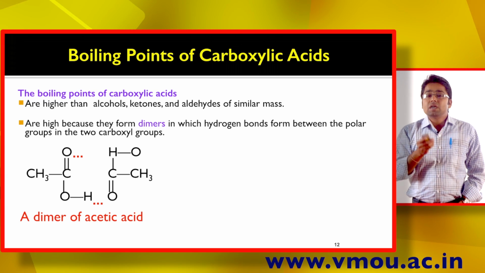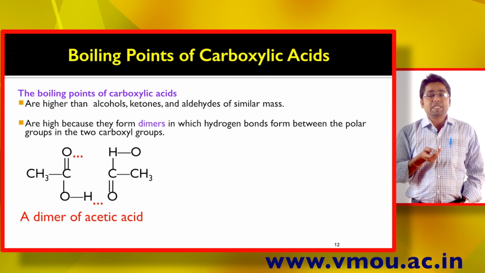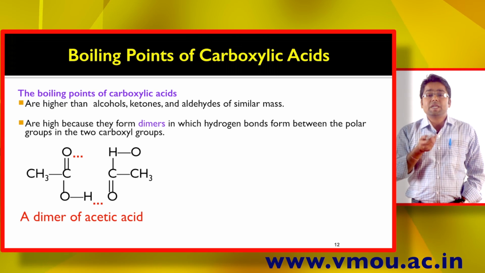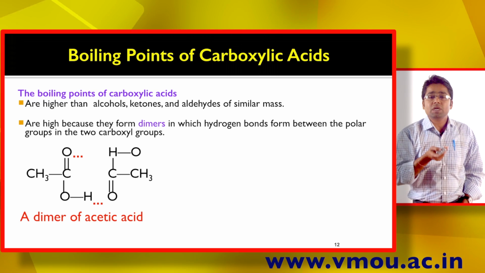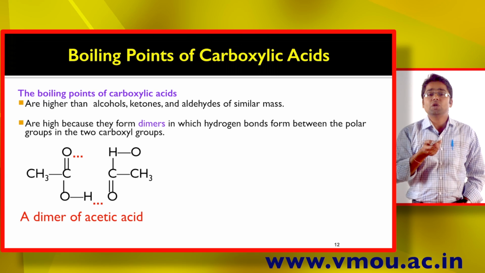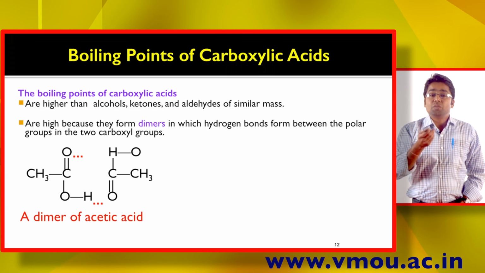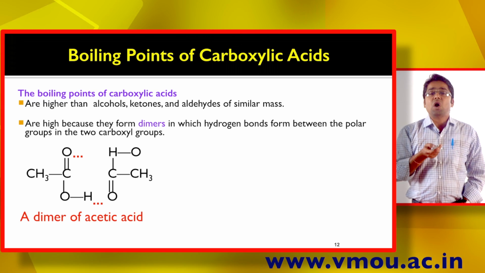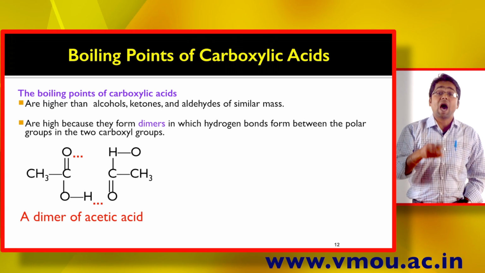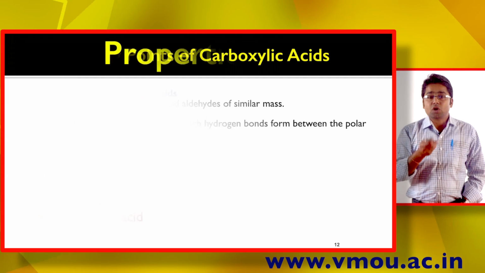Why? Because carboxylic acids, especially those of lower molecular weight, exist as dimers. Because of this dimer, hydrogen bonding is found in carboxylic acids, which is responsible for their higher boiling points.